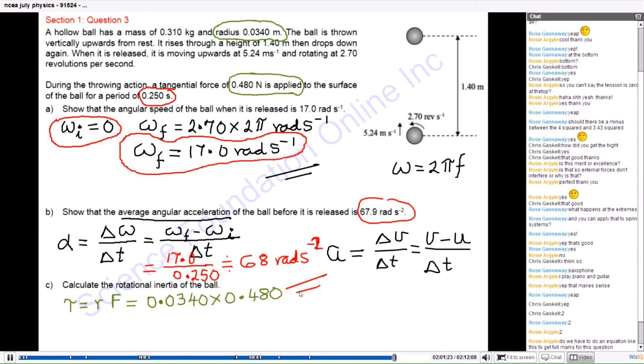Now, just like we have the equation F equals MA, so M will be F divided by A, we can write that our moment of inertia I will be, the corresponding thing to force is the torque, divided by the angular acceleration alpha.